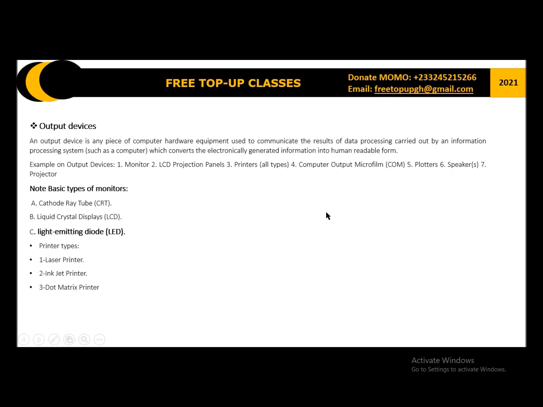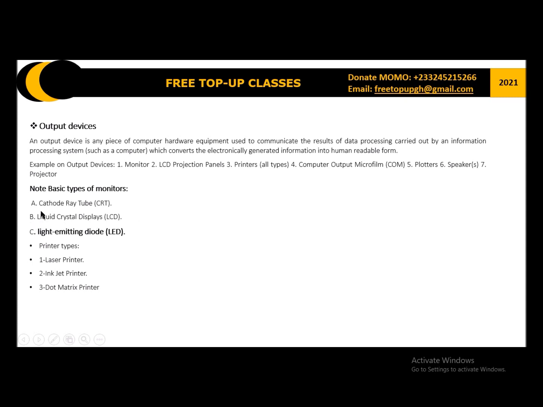So whatever brings results out for you to read or to understand is the output device. We have the monitor, we have the projector, speakers, plotters, a lot. The printers too are part.